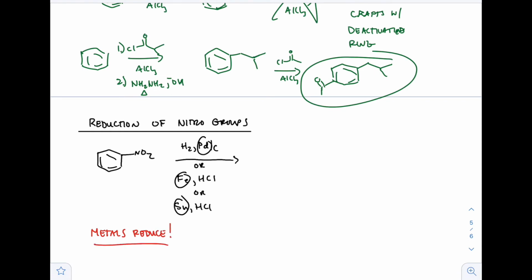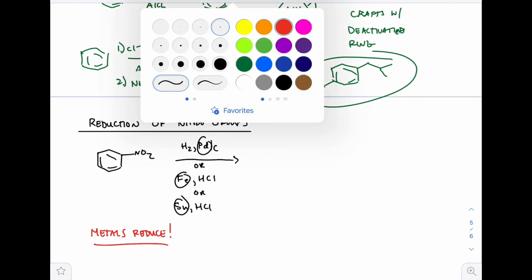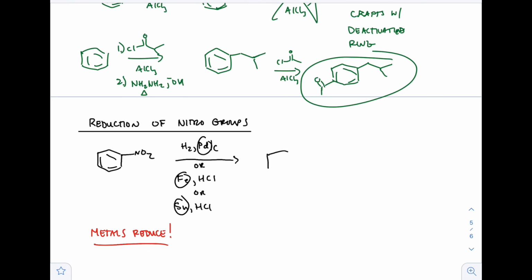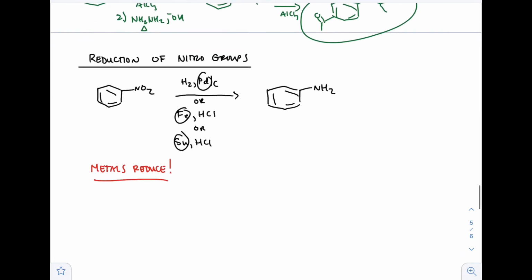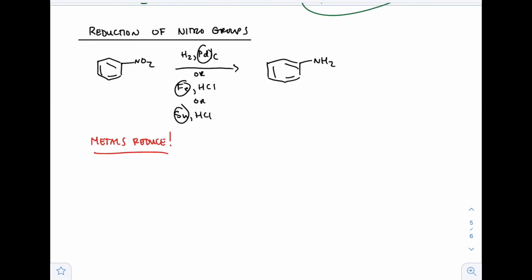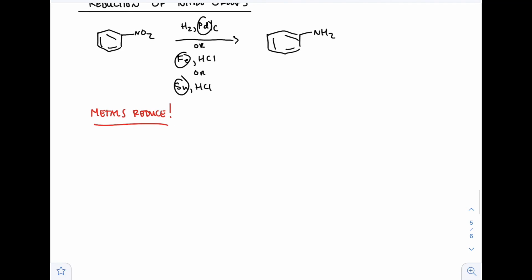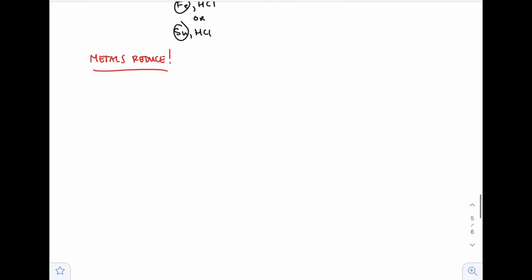So remember, the easy way to remember this is that when you have an elemental metal, it's typically just going to reduce things, right? We saw that with zinc and mercury, and then we see that now with palladium and iron and tin. I'm not sure if I said zinc before, but Sn is tin, and we get the amine product after that, okay? So that's pretty much it.